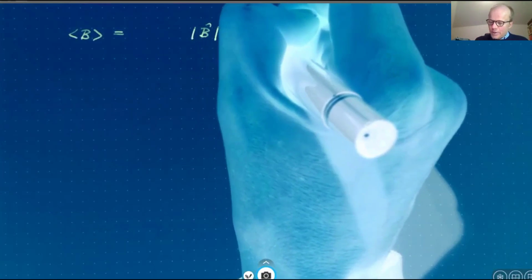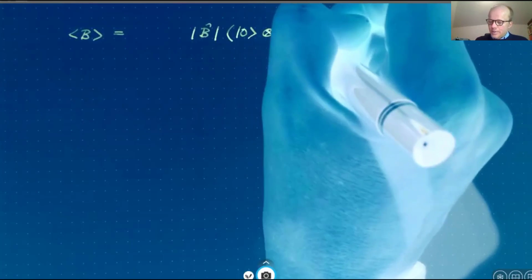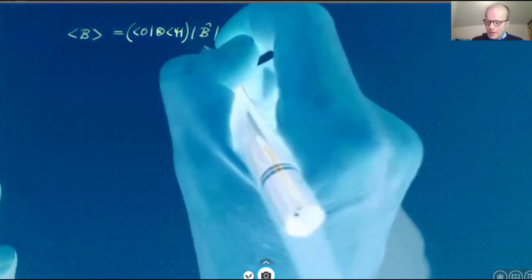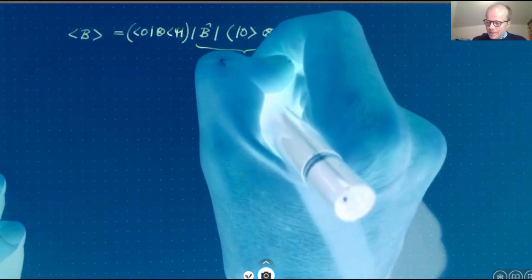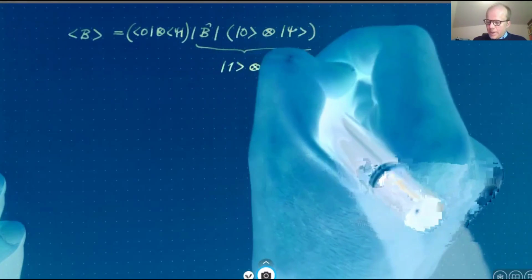That's the tensor product of basis state 0 tensor psi. What we just discussed was that when the operator B is applied to this tensor product, the result is basis state 1 tensor U psi.